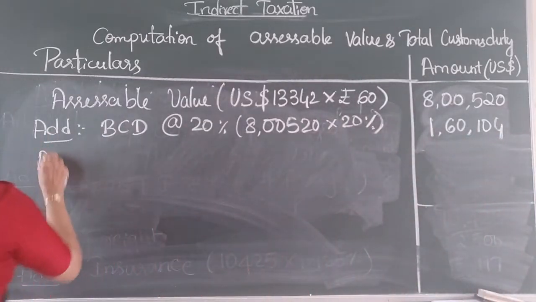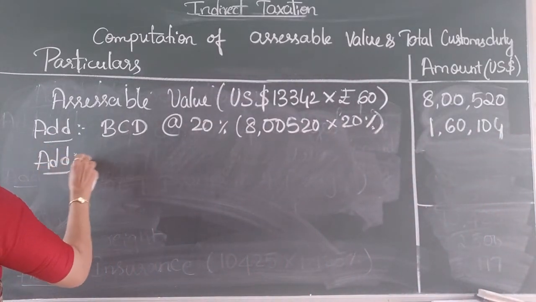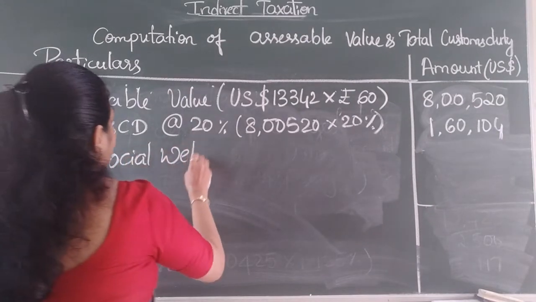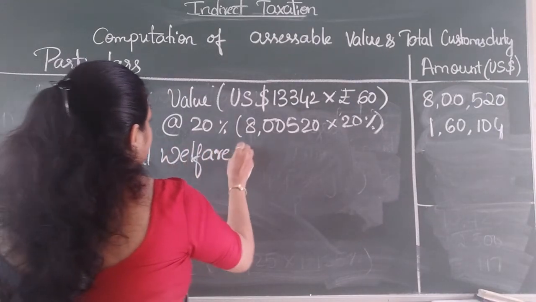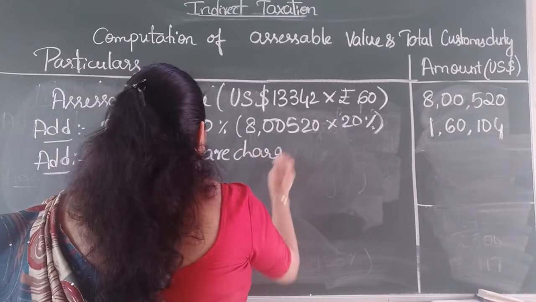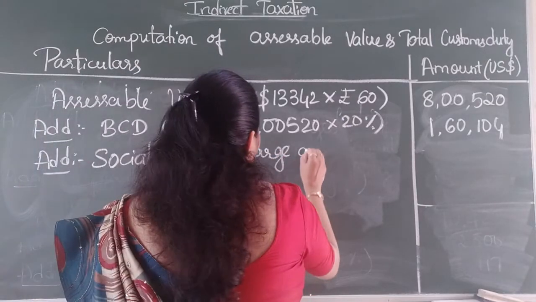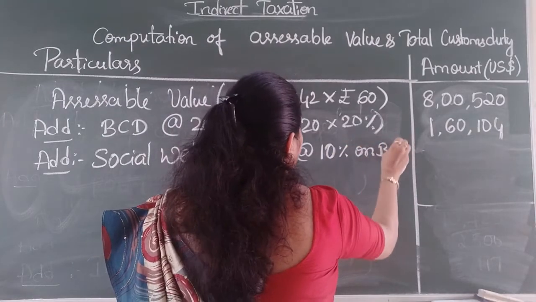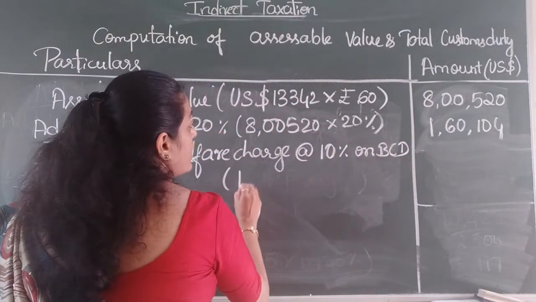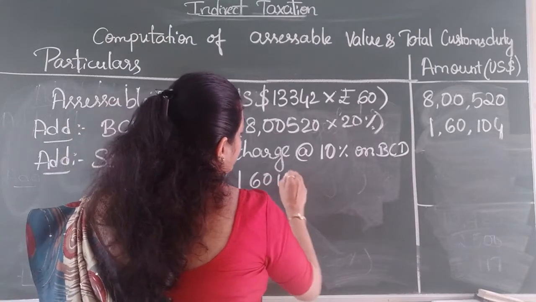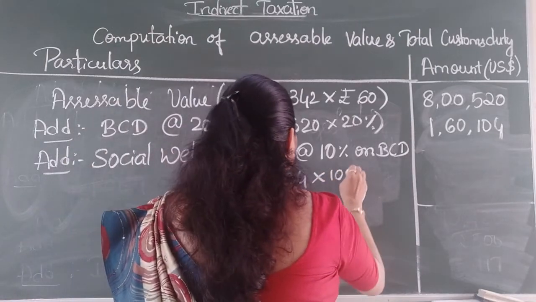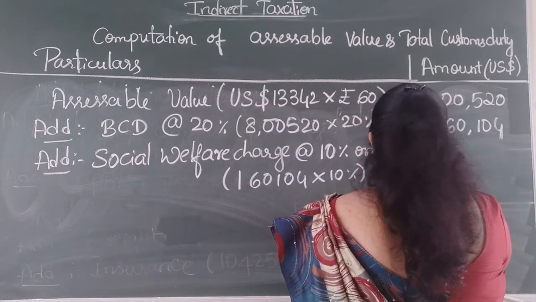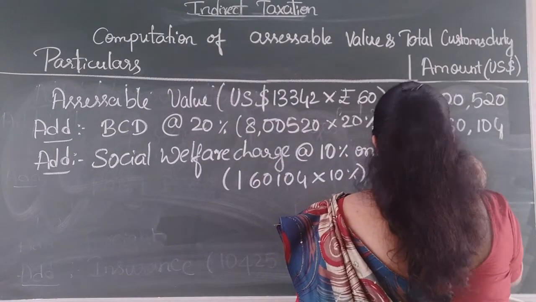So we need to add social welfare charge. Social welfare charge at 10% on BCD, that is 1,60,104 into 10% gives you 16,010.